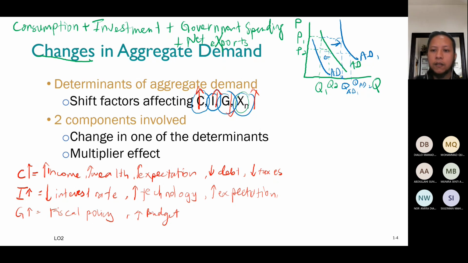And then finally, in terms of net exports, net exports can increase because of the exchange rate, for example. When your home currency is cheaper, more people will buy your goods.